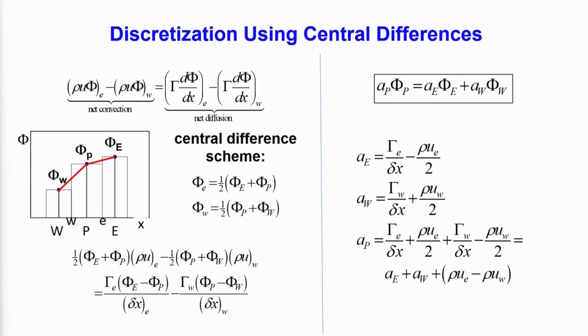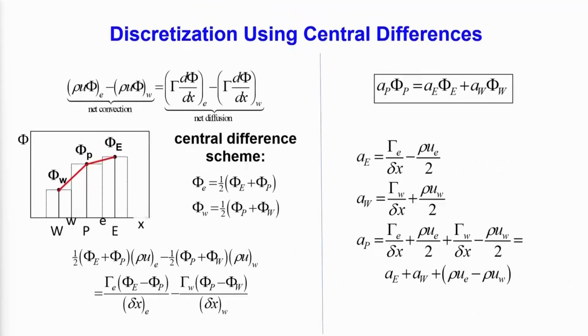So, you have AW, it is positive because all other things are positive. So, by one of the basic rules, all coefficients should be of the same sign, but AE there is no guarantee that it will be positive. So, it all depends on whether gamma by delta x is greater than rho u by 2 or not.